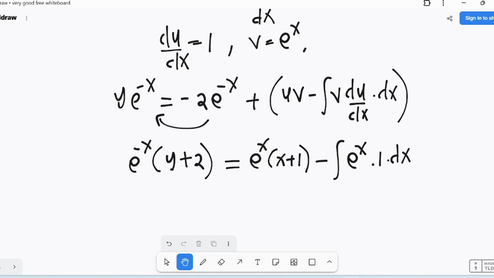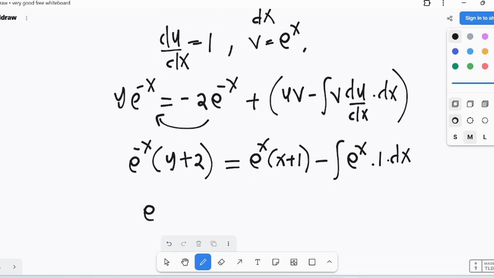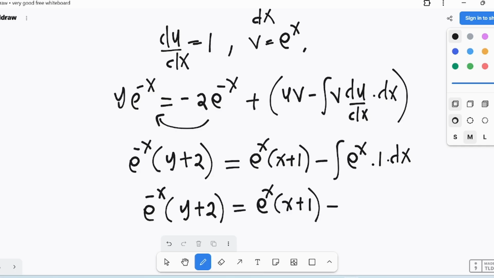So going further, we have e^(-x)(y + 2) equal to e^x(x + 1) minus e^x, and then plus a constant c.